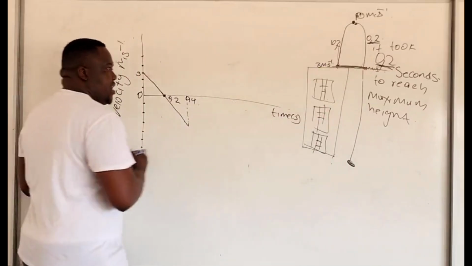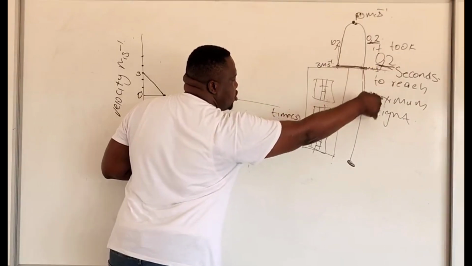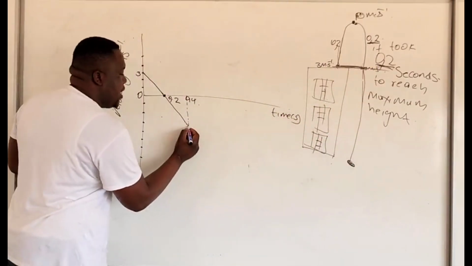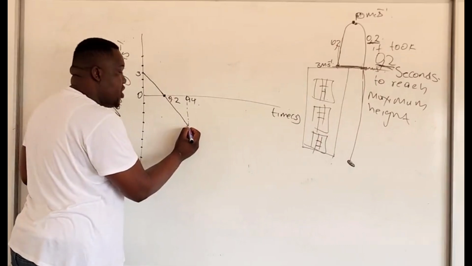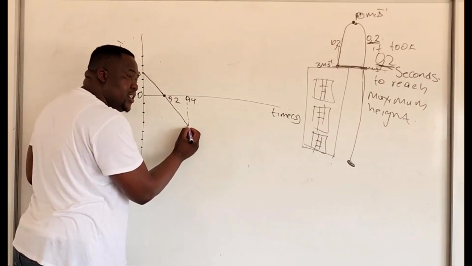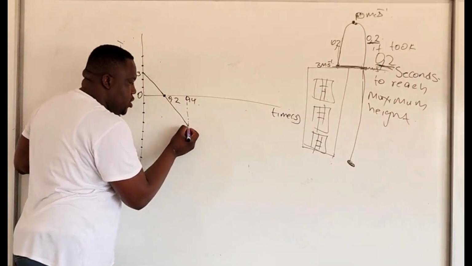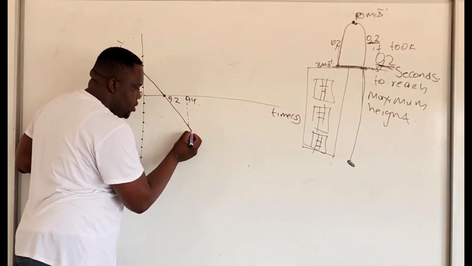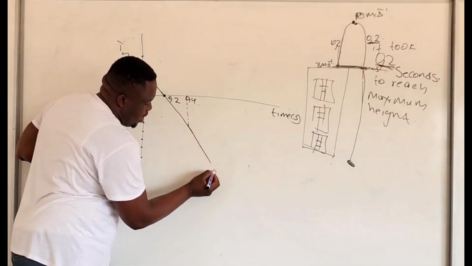But for this question, it didn't just stop here. The object continued to move. So here, at this point, is 0.3. But we know that as the object is moving down, the velocity is going to increase. So we are going to extend the line.